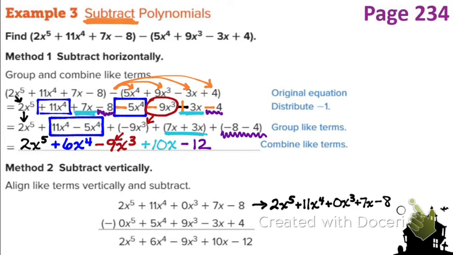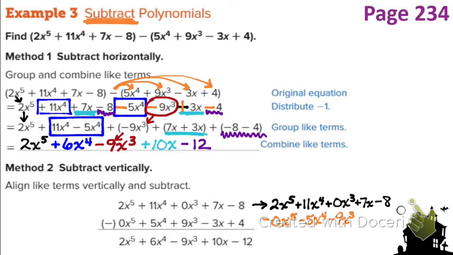How many x to the 5ths did this have? None. So right underneath this, I'm going to have minus no x to the 5ths. How many x to the 4ths did it have? 5, and I'm subtracting that. So minus 5x to the 4th. How many x cubes? 9, and I'm subtracting that. So minus 9x cubed. Jaden C., help me out.